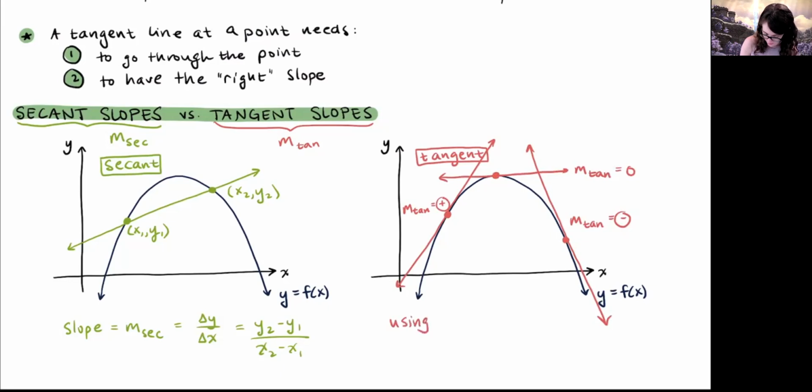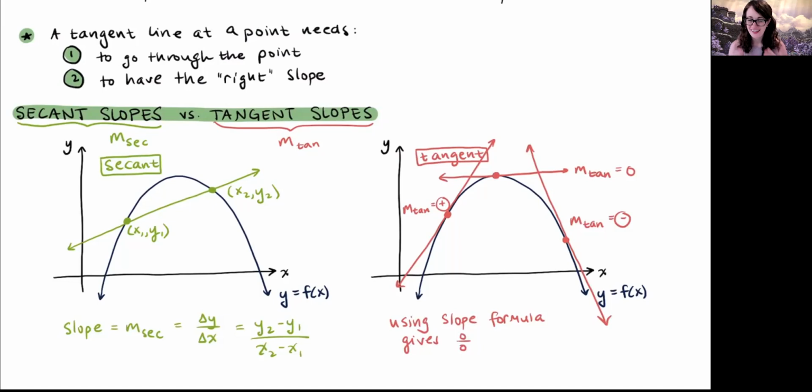So using the secant line formula or the slope formula, we know that this is going to give 0 over 0. But as we can see, the tangent line slope could be positive, it could be negative, or it could be 0.